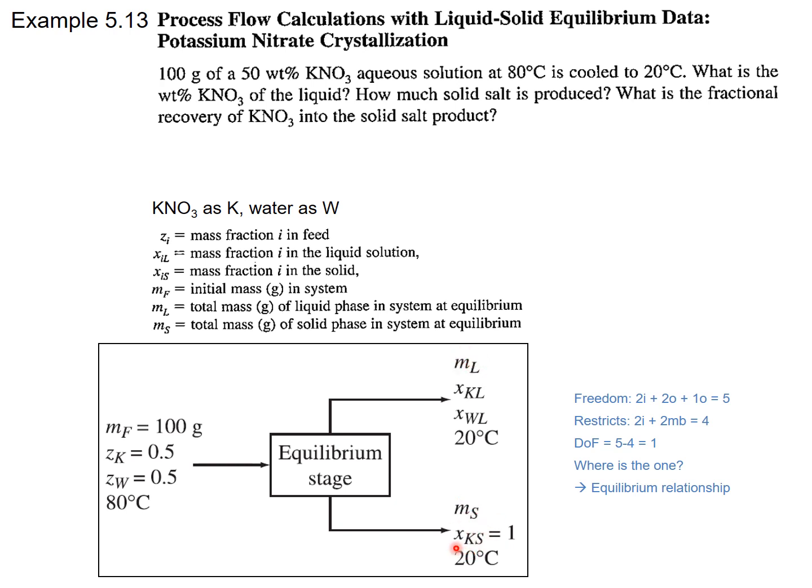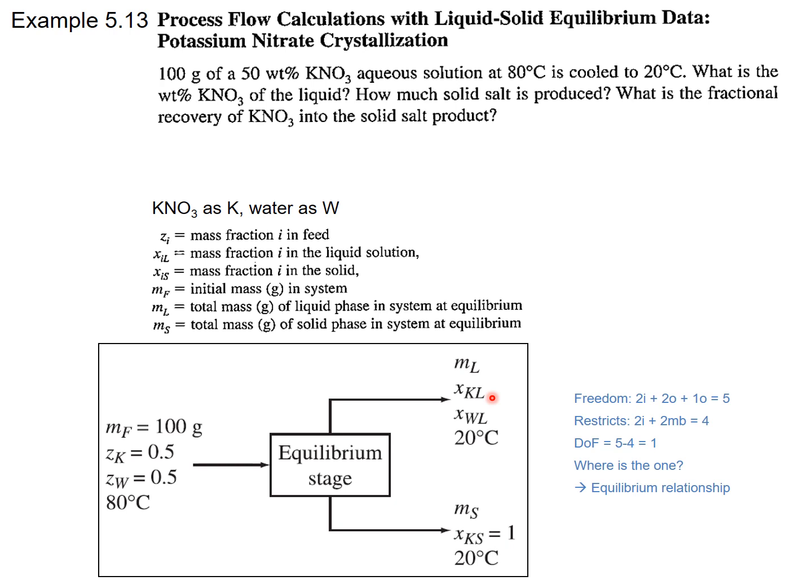The mass fraction of the potassium nitrate in the solid stream is equal to 1, of course. However, we have no idea about the composition of potassium nitrate and water in the liquid phase, so we should calculate it.